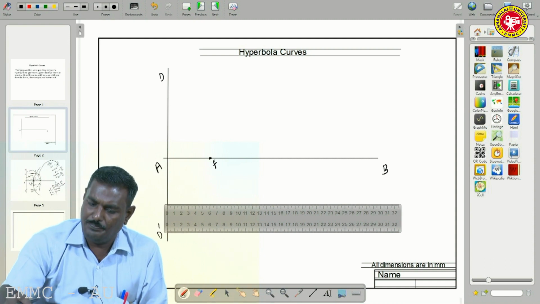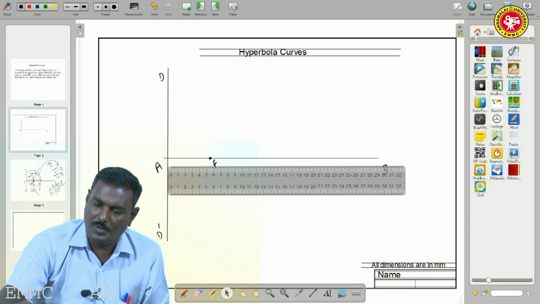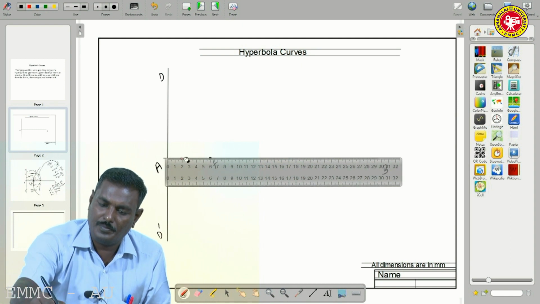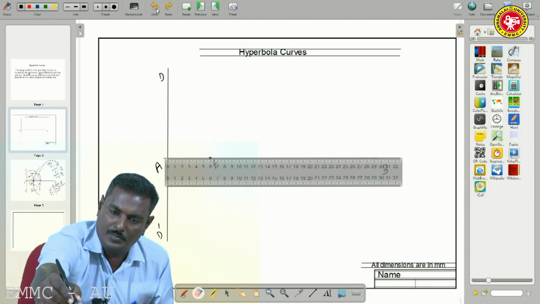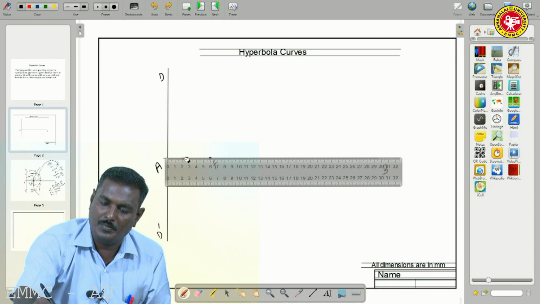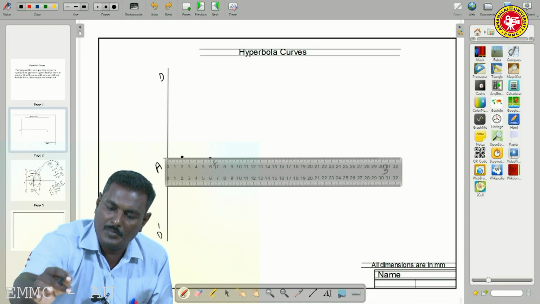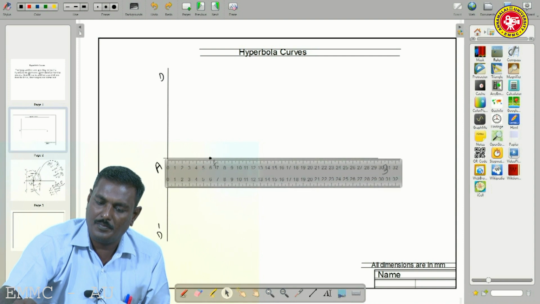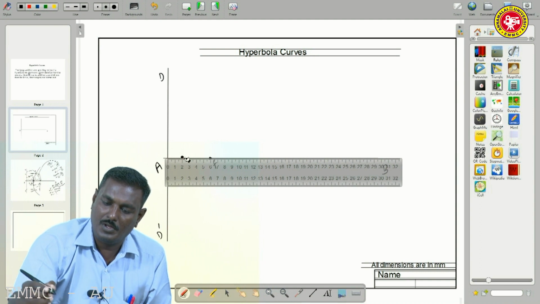So what about the 20 mm? Again we have to measure 20 mm.